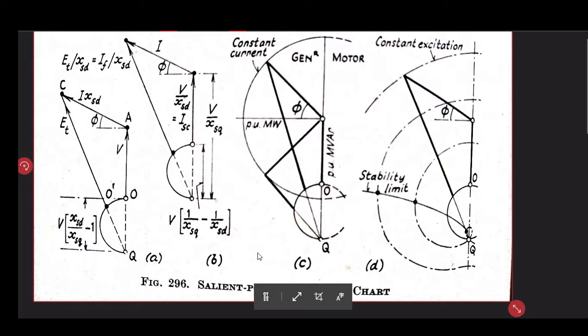Now we have already discussed this, and we will see its reflection in our figure D, where for constant excitation we can find an appropriate locus by drawing rays from Q. However, for low voltage, as I discussed for the salient pole machine V curve, we had a reentrant loop for our salient pole synchronous machine.